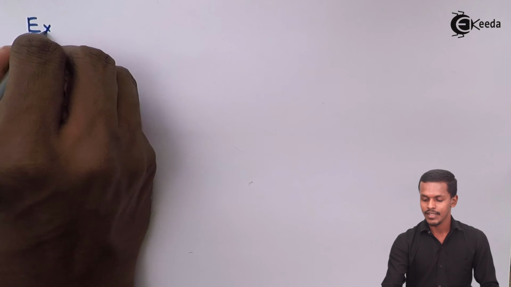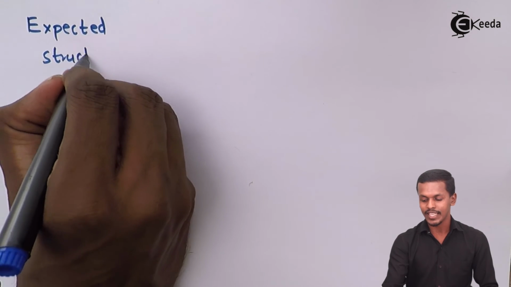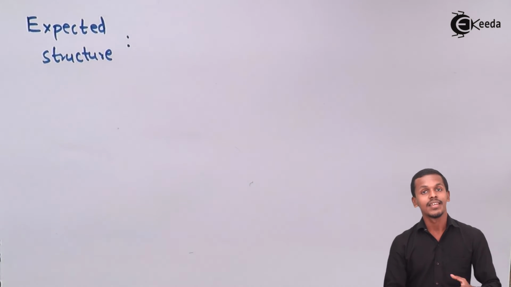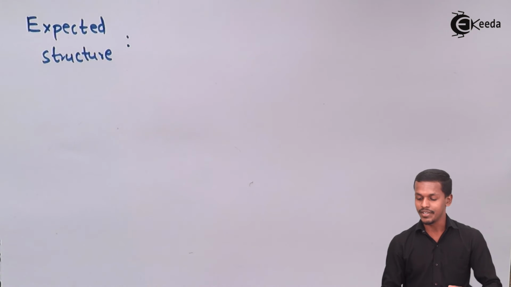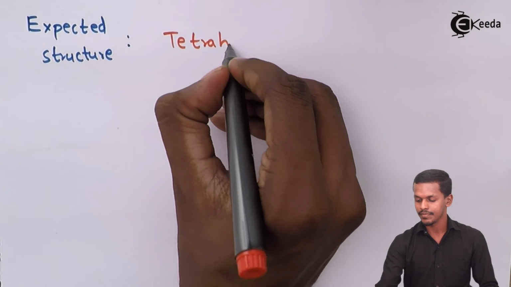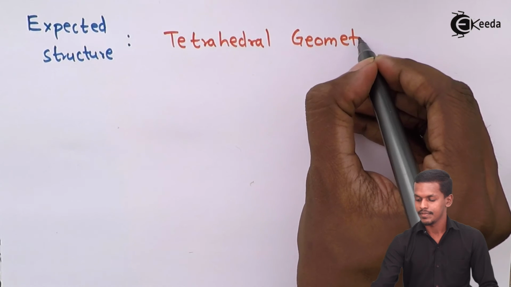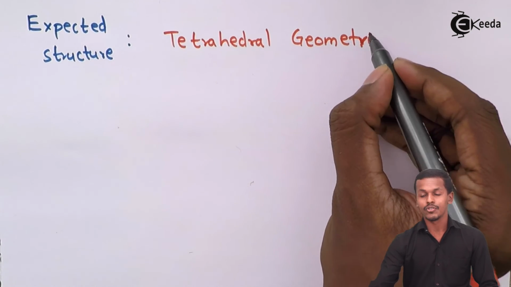If we expect that sp3 hybridization is being shown by the phosphorus, then the expected structure, or the expected geometry, would be that of a tetrahedron. So we'll get tetrahedral geometry.